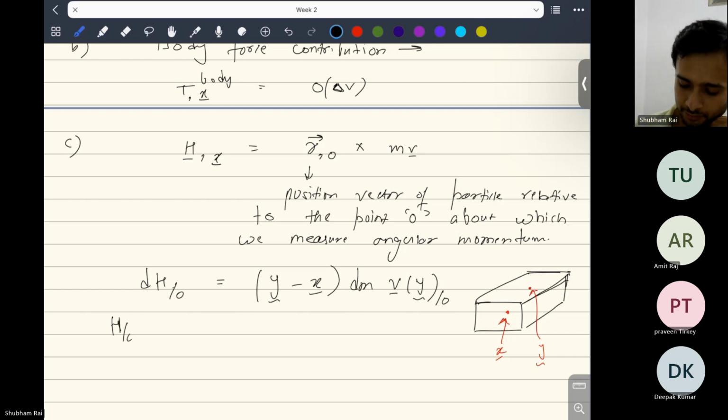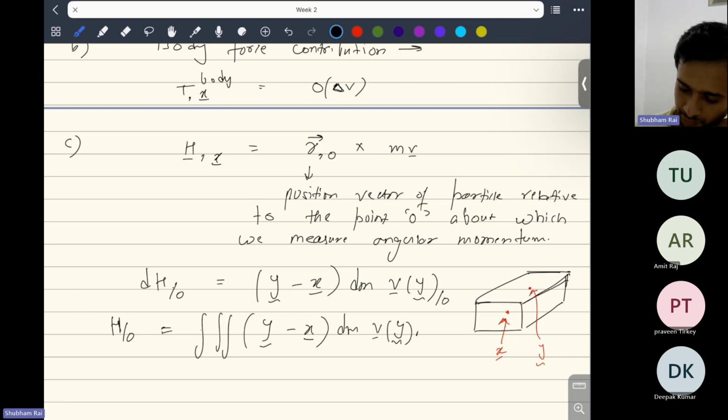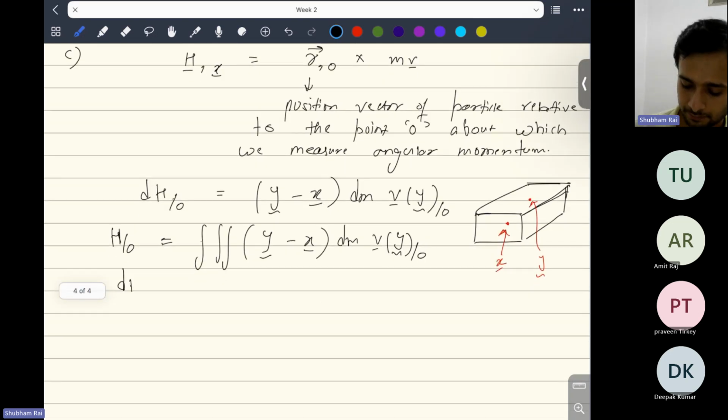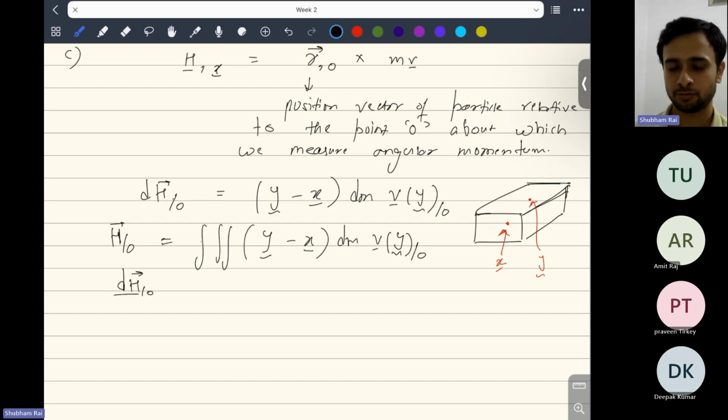So that will be a volume integral of (y minus x) cross dm times v, the velocity of point y with respect to point x. Now if you differentiate this angular momentum about point O with respect to time, you see that we are integrating with respect to mass, because we have dm here.